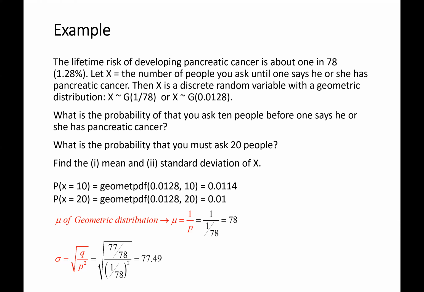The standard deviation is found by taking the probability of a failure. So if the probability of a success is 1 over 78, the probability of a failure would be 77 over 78. So you take that number and divide it by the probability of a success, 1 over 78 squared, and you get about 77.49.